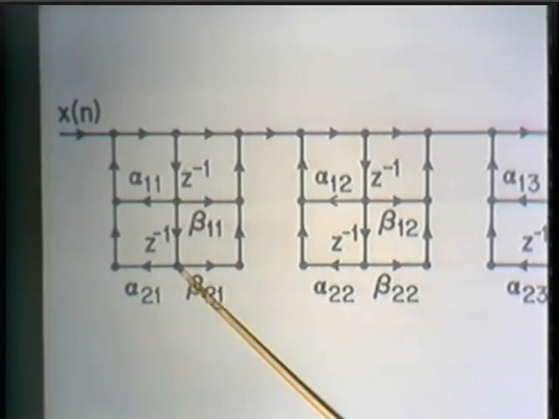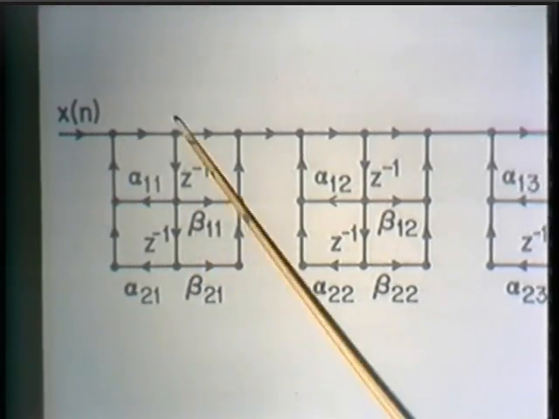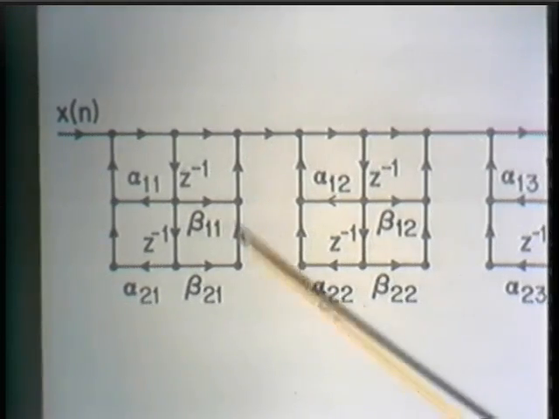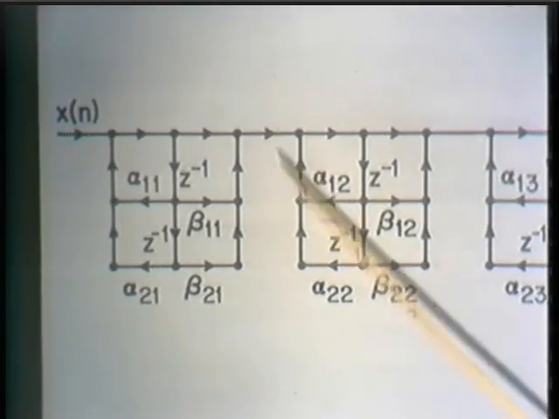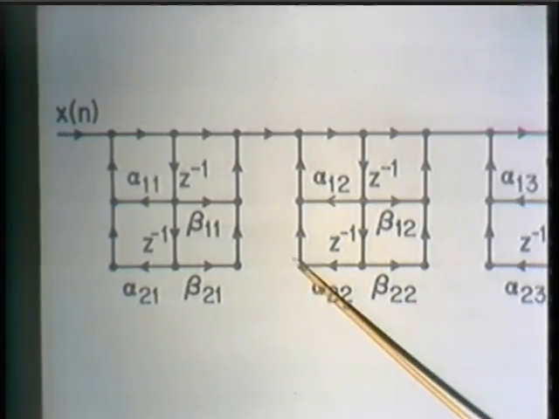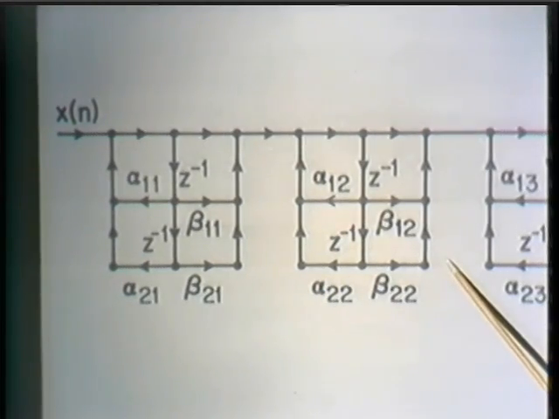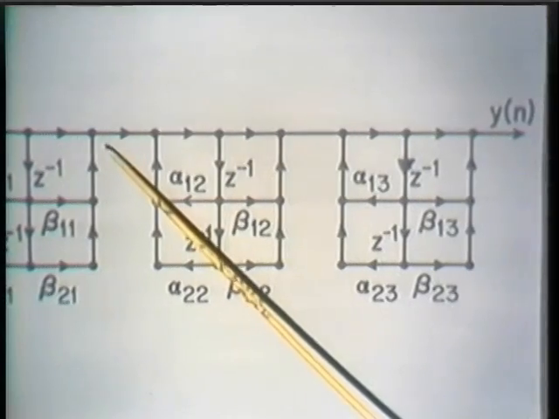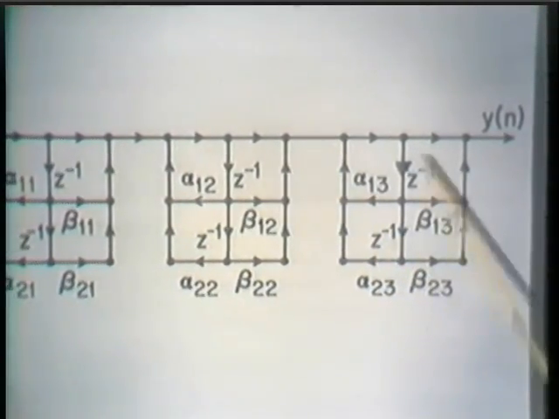So as I've implemented it with the poles first, followed by the zeros, this is one second-order piece. That's in cascade with the next pole-zero pair, with the next pole-zero pair, etc. So this is a cascade of second-order sections.